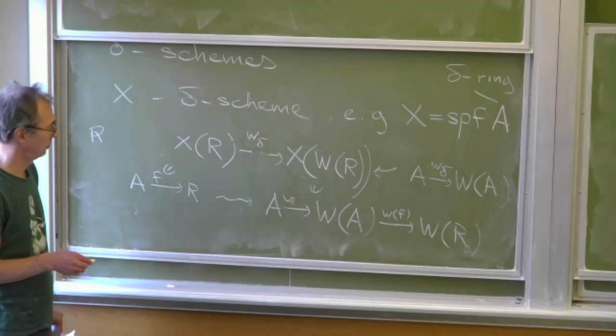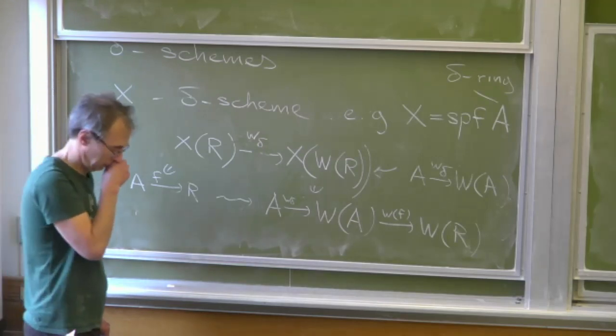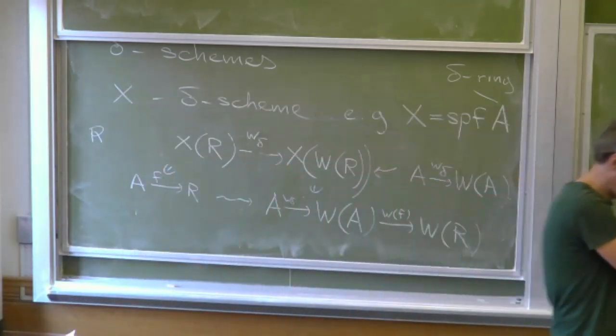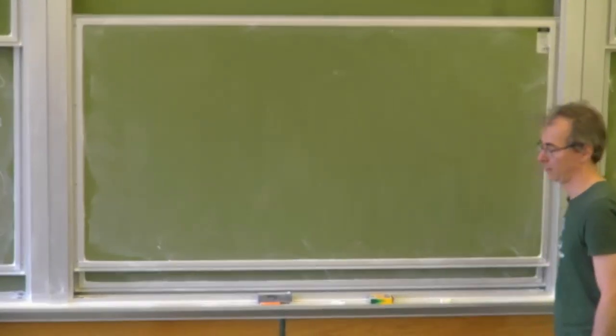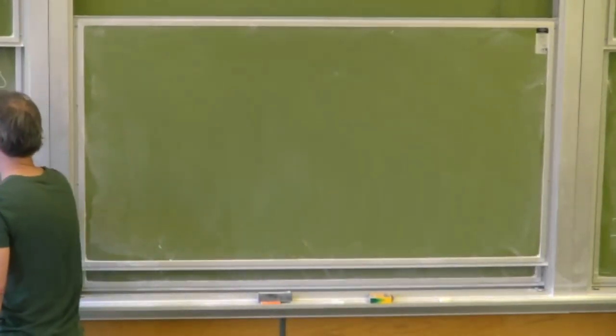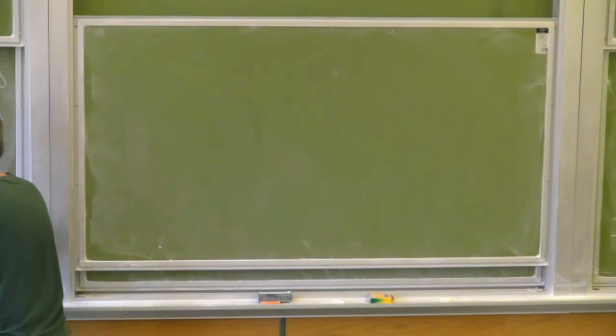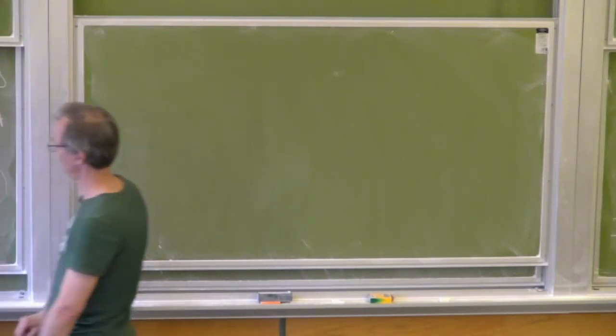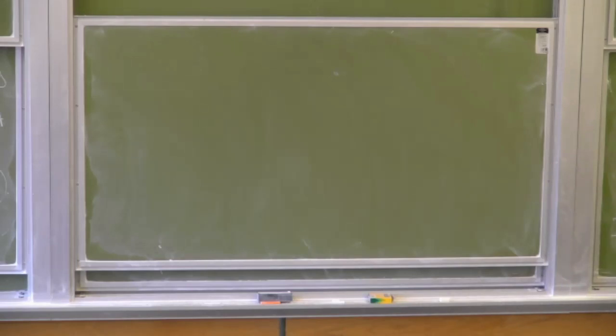It's the unique homomorphism from A to W of A such that if you compose it with the canonical homomorphism from W of A to A, you get the identity. In other words, W delta of A is the Witt vector whose Joyal components are A, delta of A, delta squared of A, and so on.